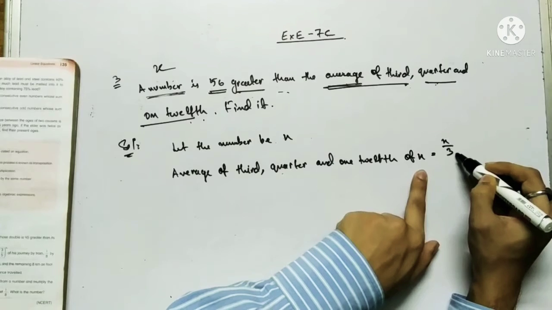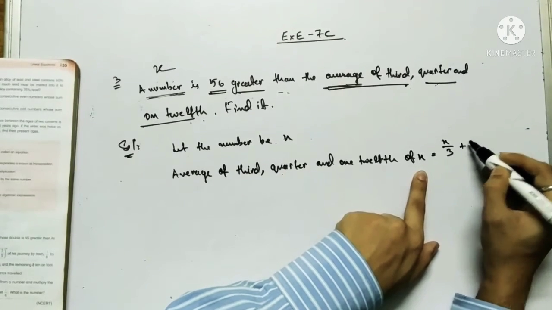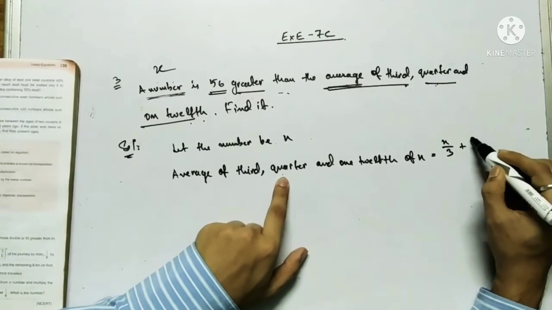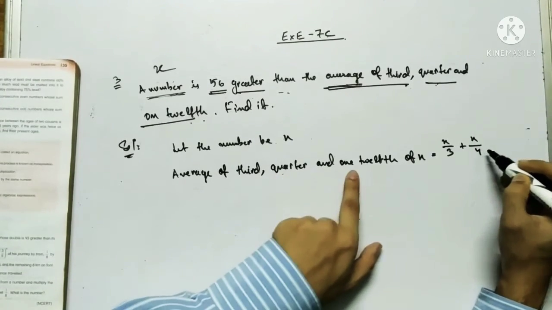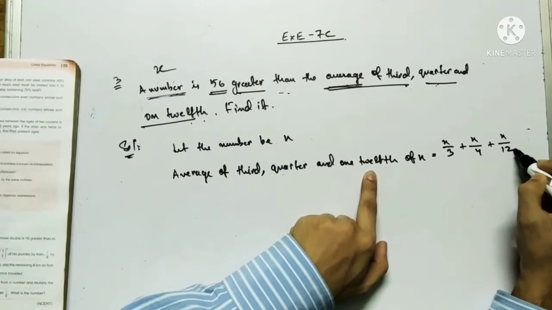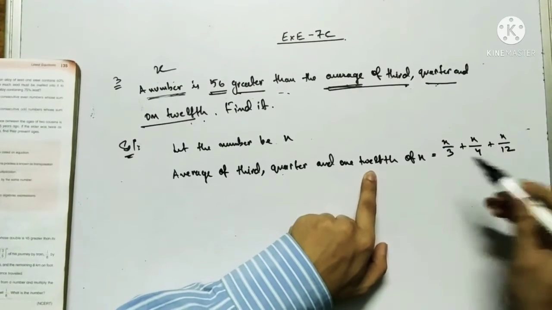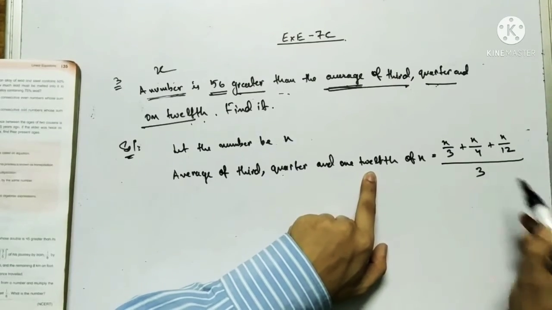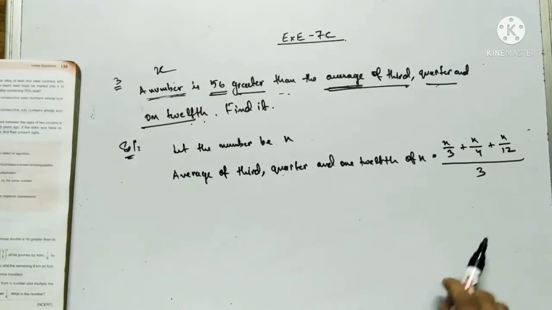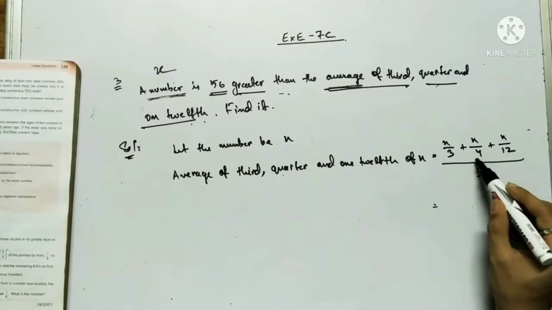Yes, this is third of x, plus quarter means 1/4 of x, that means x/4, and 1/12, that means x/12. Yes, these three is average, that means divided by 3 I will have to do. Okay, understand?